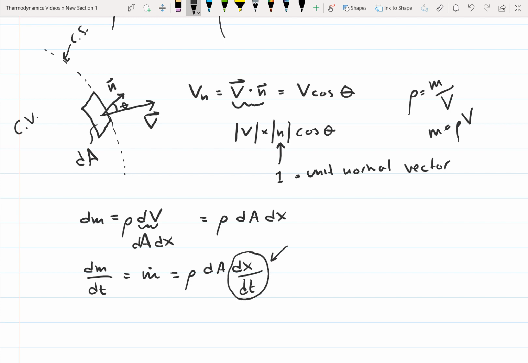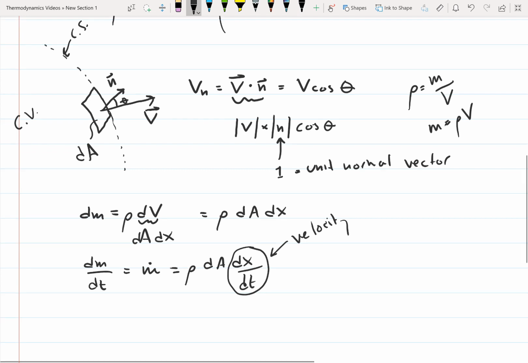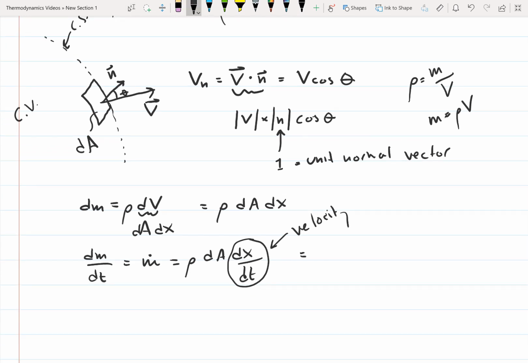The dx dt is just the velocity. Remember from physics, dx dt is velocity. So then we have that this is equal to rho v dA. And I'm going to write a cursive v just to specify that that's the velocity and not the volume.